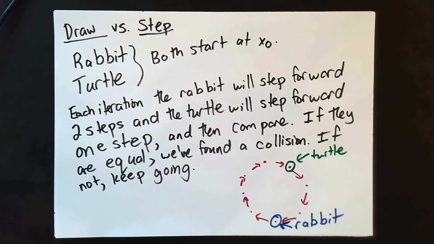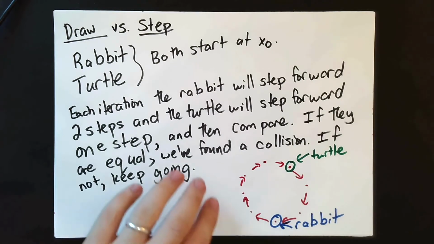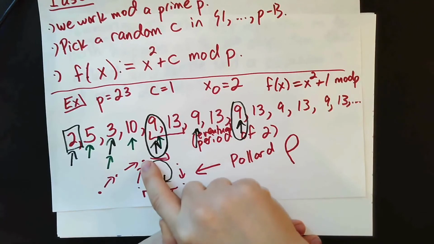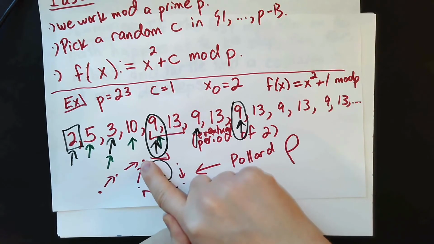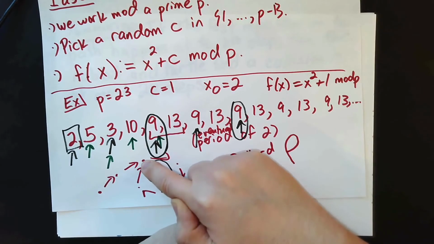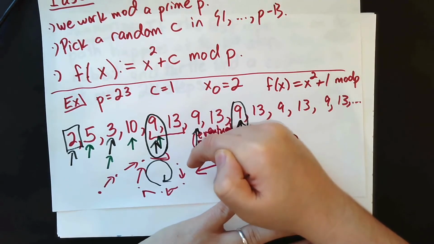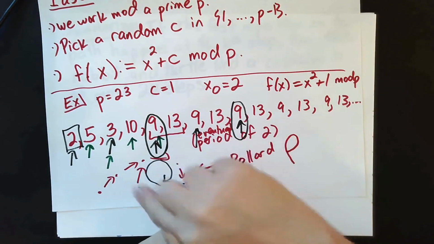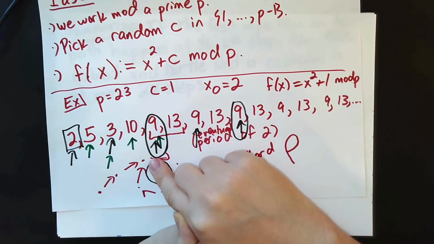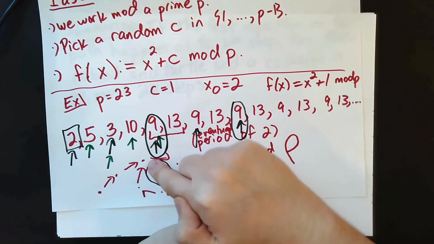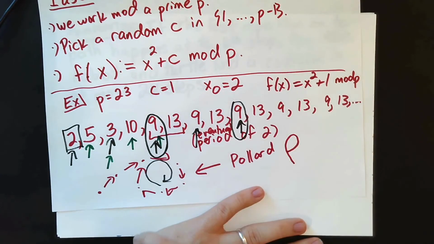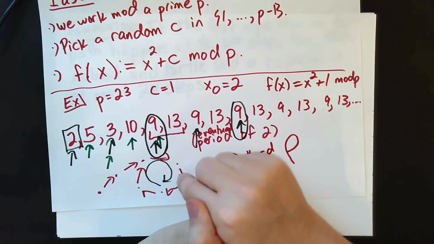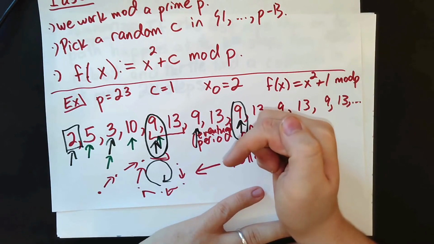So because of the rho shape, the first repetition is where the rho closes. And as soon as the rho closes, we now have a rabbit and a turtle stuck on this racetrack. And the length of the racetrack is an upper bound on how long it's going to take the rabbit to catch the turtle. Because again, the maximum gap that could possibly be between the turtle and the rabbit is the length of the racetrack.